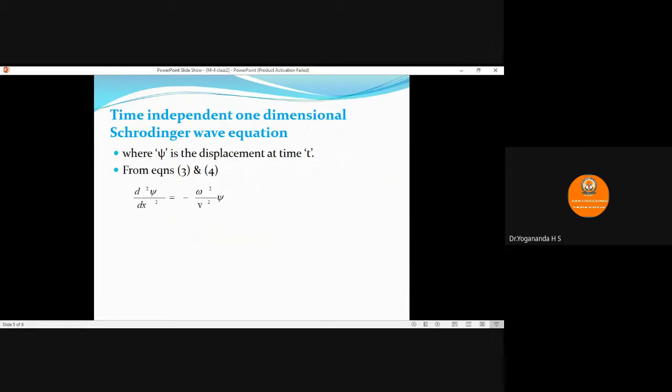We know that omega, the angular frequency, is given by omega equals 2 pi f, or 2 pi nu, and the velocity v is given by v equals f lambda, or nu lambda, where nu is the frequency and lambda is the wavelength. Substitute the values of omega and v in the above equation and simplify.